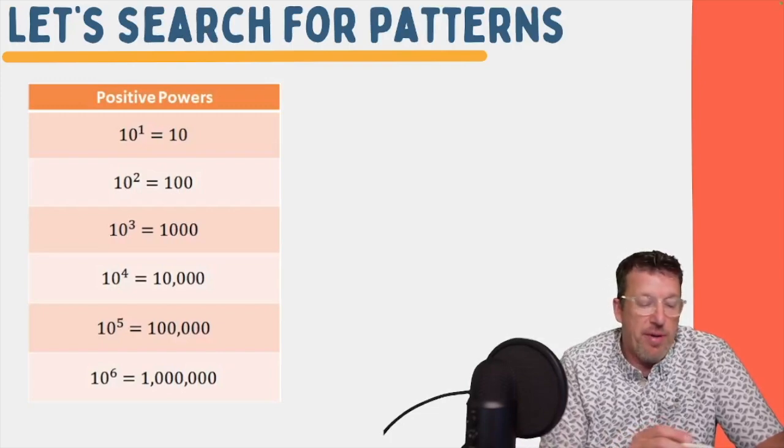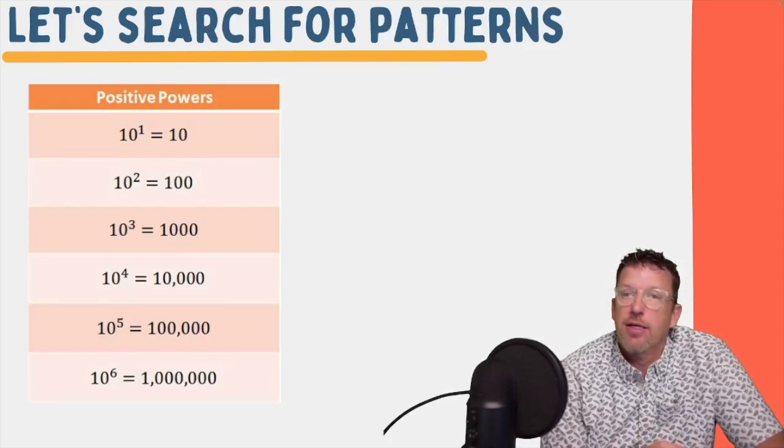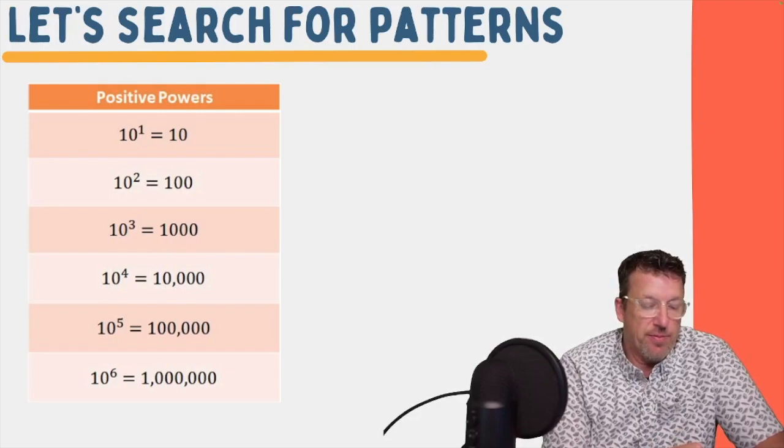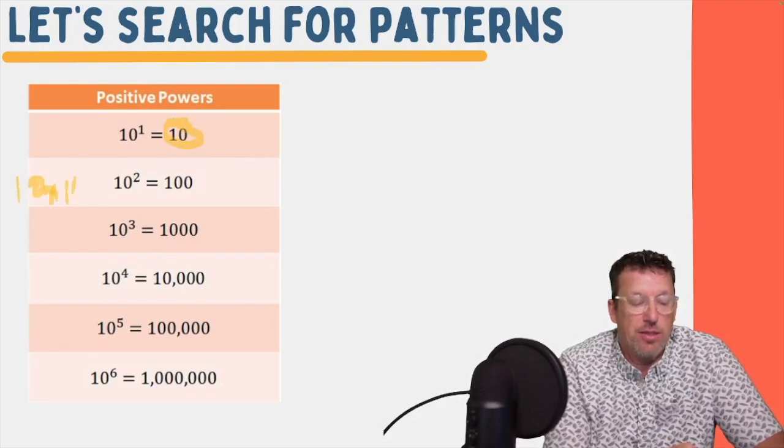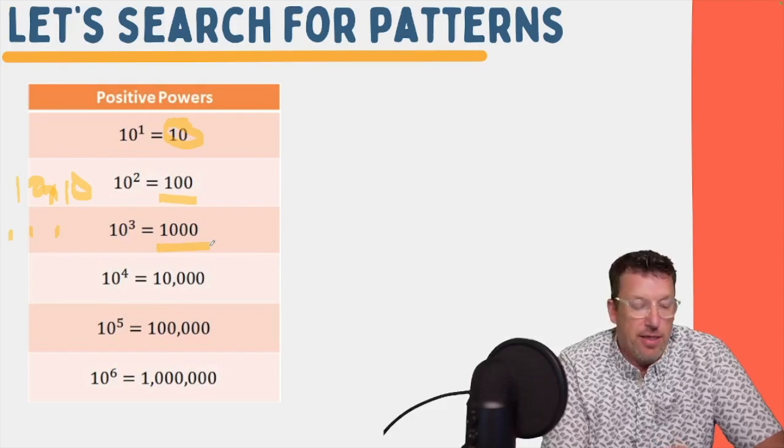So let's look for some patterns. When we looked at base 10 using just positive exponents, you may have noticed something. 10 to the first is just 10. 10 to the second was 10 times 10, which gave us 100. 10 to the third was 10 times 10 times 10, which gave us 1,000. 10 to the fourth gave us 10,000.